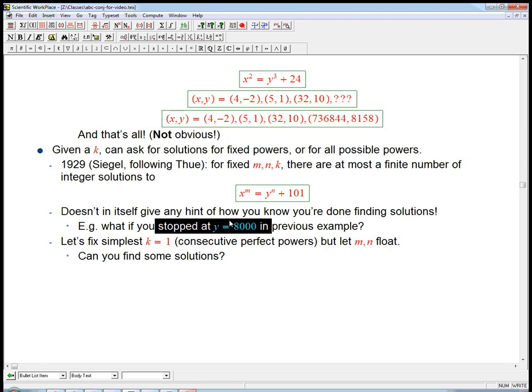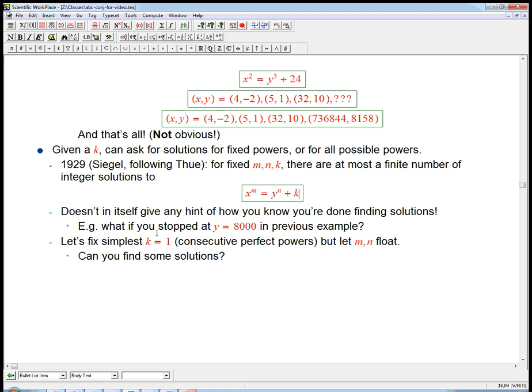You paused it, fired up the computer, wrote a little program, and said, I'm only going to go up to y equals 8,000 on this search. If I can't find anything up to there, then it's certainly done, because I've got these 3 solutions that are all double digits at most, and I'll go up to 8,000 and then say that's it. Well, you would have missed one. Unfortunately, the Siegel result isn't an effective bound or an effective method of being sure that you're done in any practical sense. But still, it's a very big result.